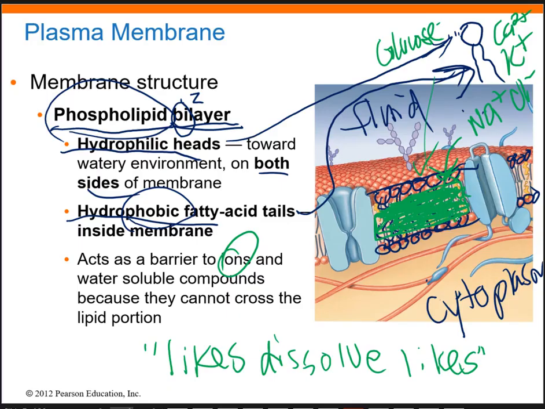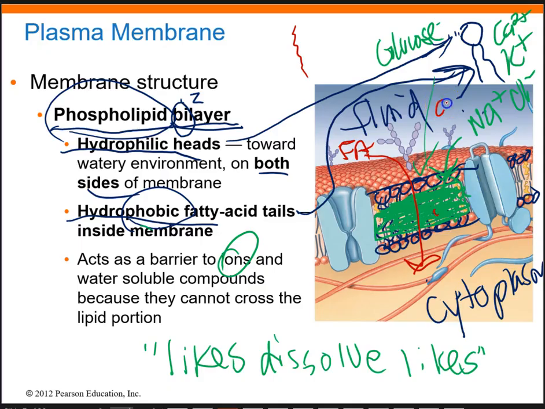Things that do like lipids, right? So stuff that's also hydrophobic, stuff that likes lipids, that is non-polar, will go straight through that plasma membrane. So examples of that include fatty acids, right? Remember fatty acids, those long tails, they'll go straight through because they don't mind those lipids.